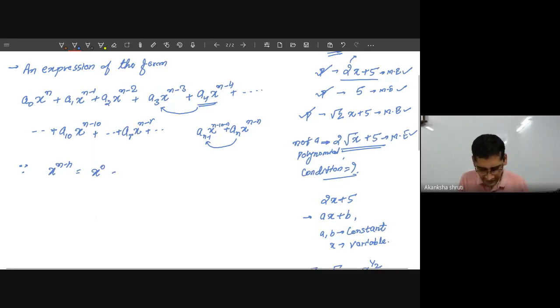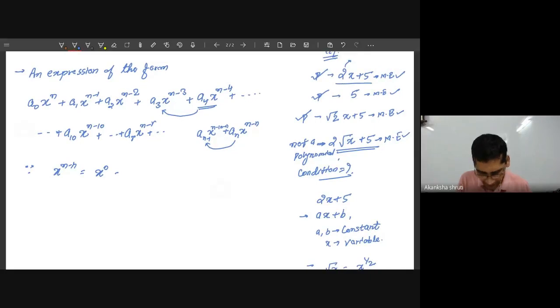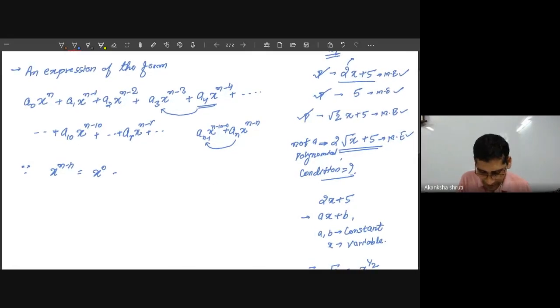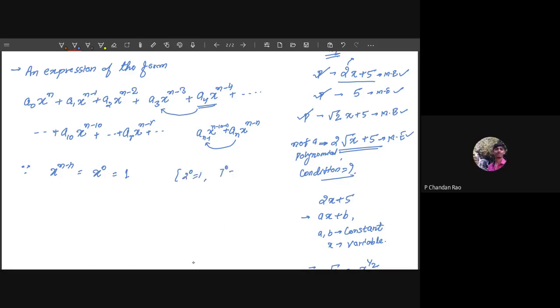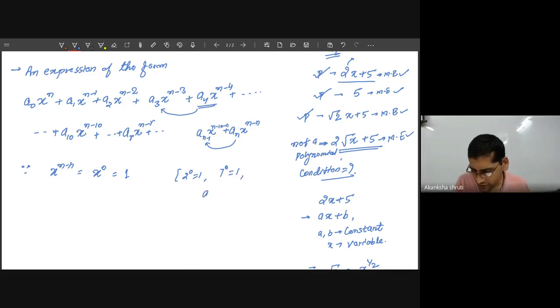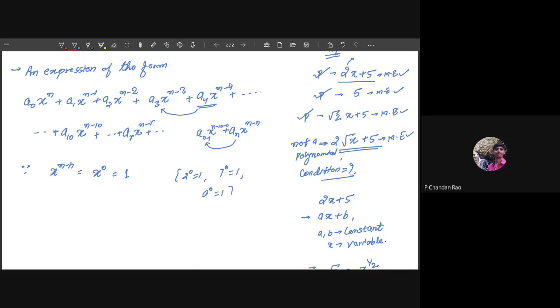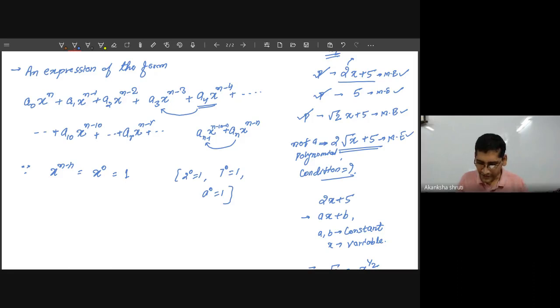Now we have learned in the previous chapter, if the power of any number or any variable is 0, its value is always 1. Even we have learned 2 to the power 0 is 1, 7 to the power 0 is 1, and 8 to the power 0 is 1. Power 0 means always 1.